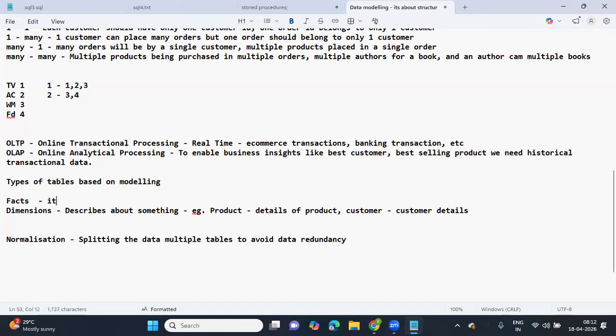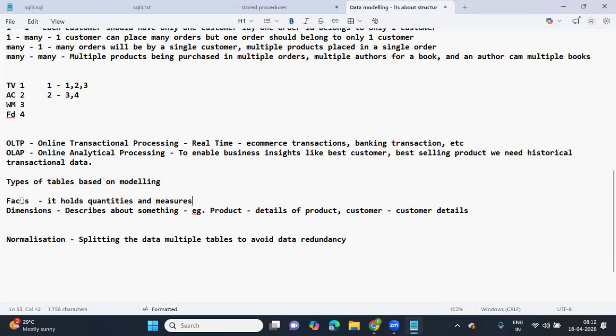Okay, so now coming to the facts. It holds quantities and measures. Basically, the numerical things. It doesn't mean that it should not contain a dimension. Okay, a fact will definitely contain a dimension, but that is all derived. Facts hold quantities and measures. Let's say we are talking about an order.